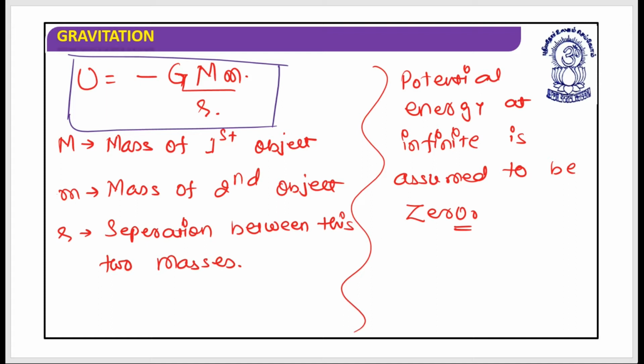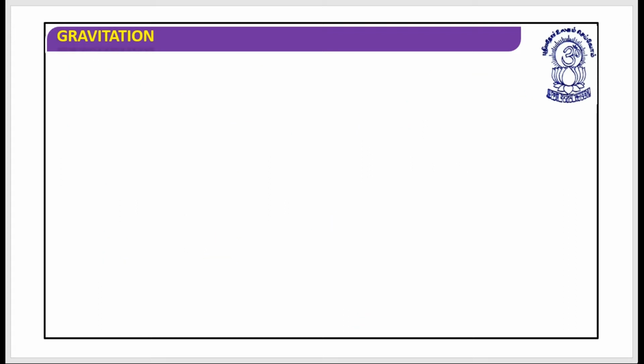And now we are going to use this formula to define the potential energy of the objects and of the systems as well. So let's have a look. Let's suppose we have one object having mass m1, another object having mass m2, and the separation between these two is r.